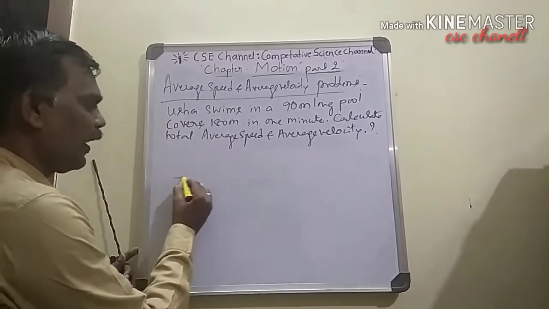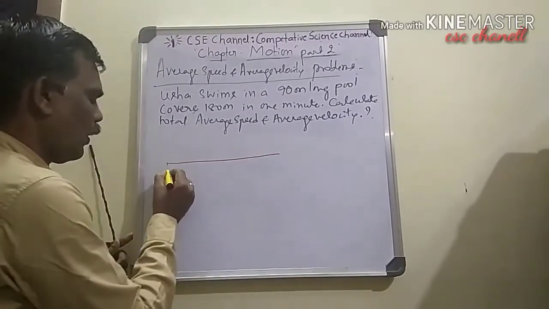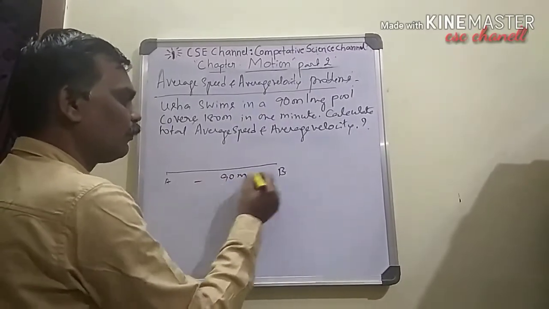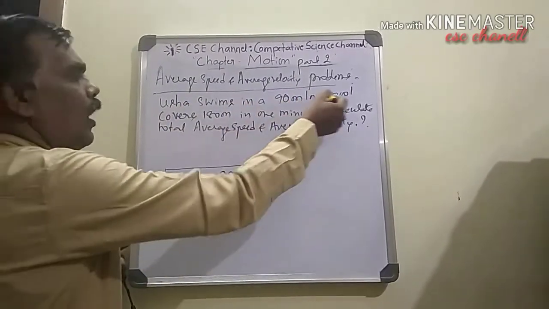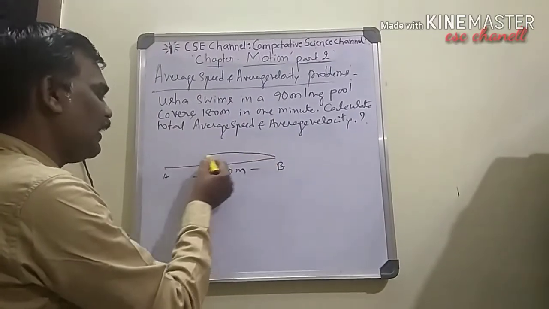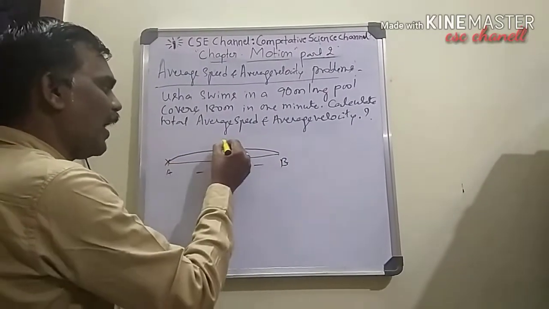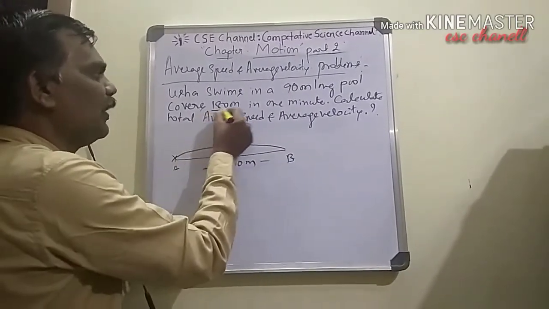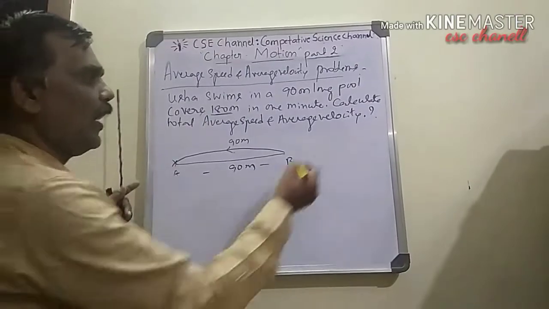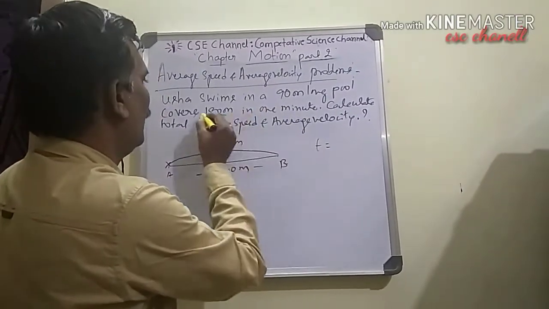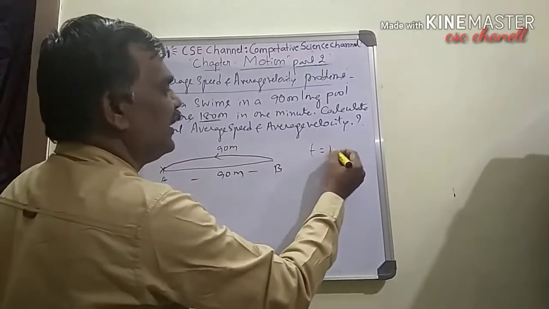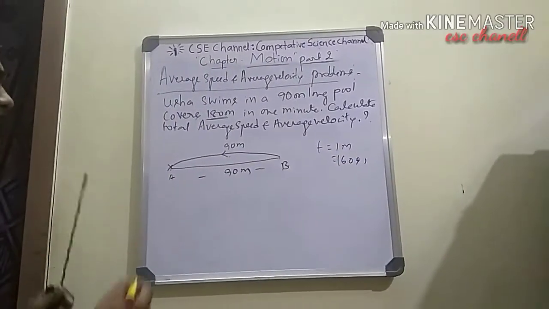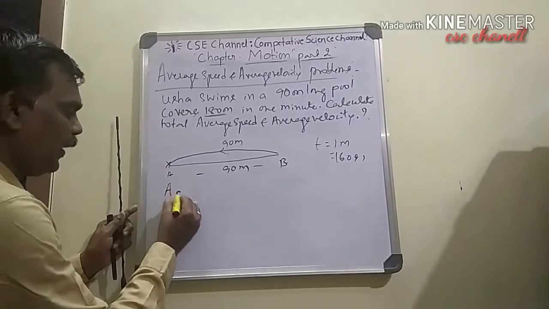For that, we have to write: Usha swims in a 90-meter pool and covers 180, which means she comes back again. So 90 meter plus 90 meter is 180 meter, covered in the time of 1 minute. 1 minute means 60 seconds. Now they are asking average speed.